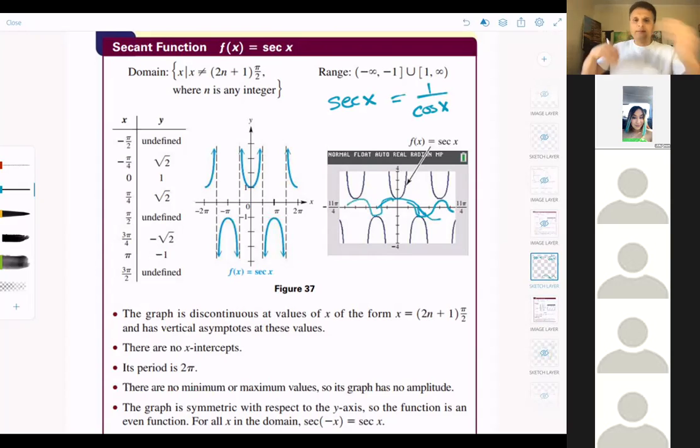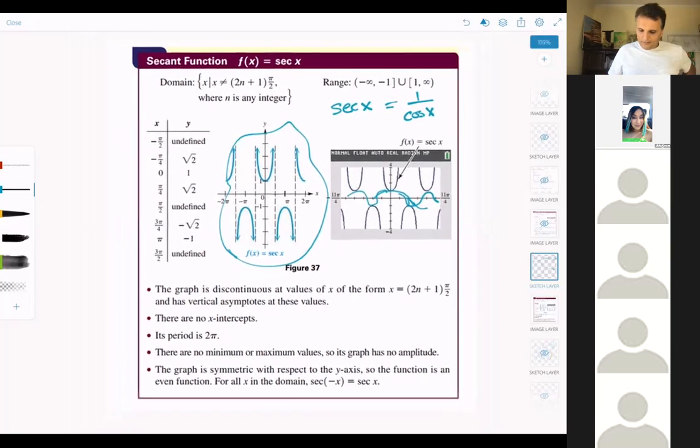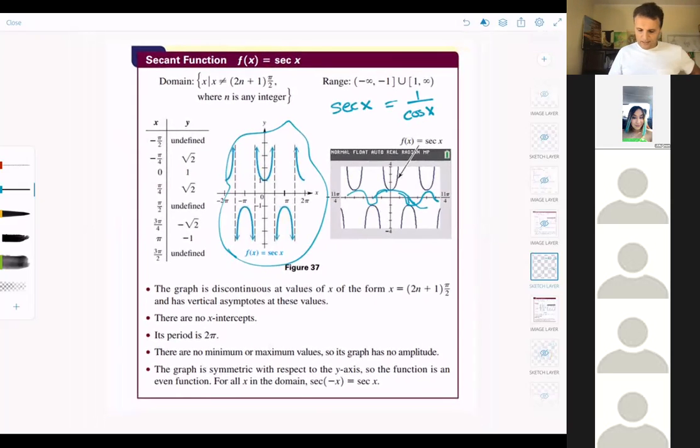If you reflect that, this is a graph of secant. We went through this last week for secant and cosecant. But you need to know the domain and range, the period is 2 pi. There is no x-intercept. This graph doesn't touch the x-axis. And secant is an even function because cosine is even. This is discontinuous at 2n plus 1 multiplied by pi.